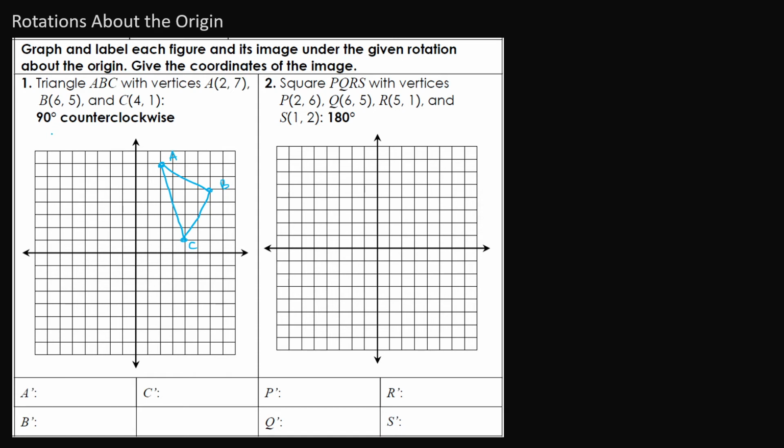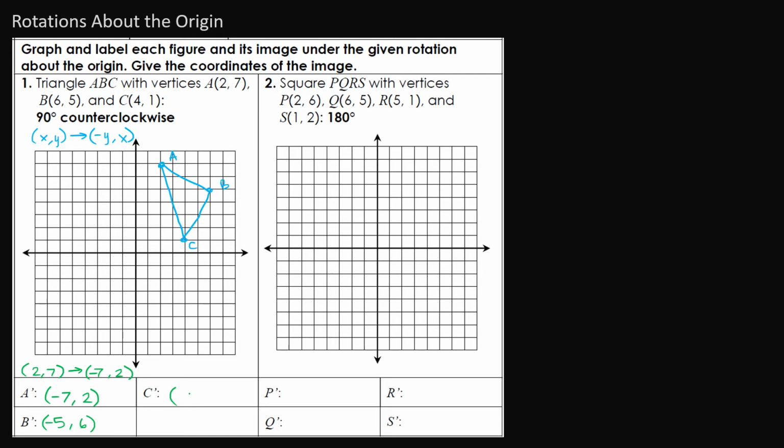So when I rotate 90 degrees counterclockwise, let's recall the rule for that. Each pre-image coordinate is going to become (negative y, x), meaning we switch the x and y values and change the sign of the y value. So in our image, let's say we go from A to A prime. We start at (2, 7). So we'll switch the values and make the y value negative. So this should be (negative 7, 2). B prime, same rule. (6, 5), well, we switch the values and make the y value negative.